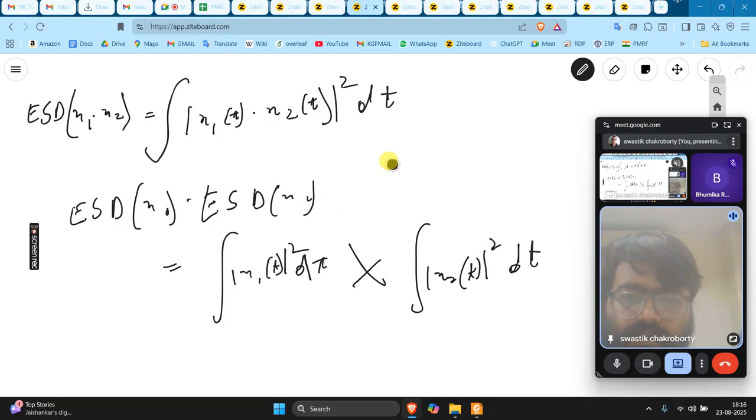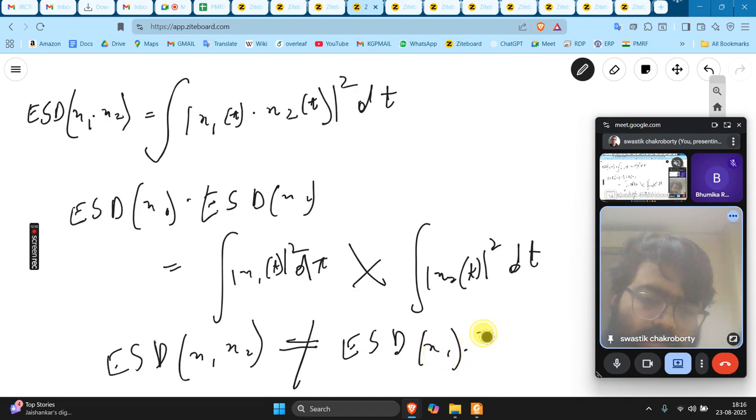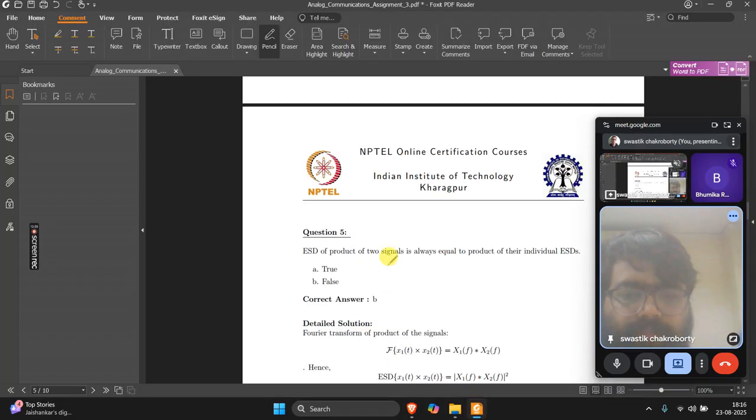You cannot just distribute the integration like that. So these two are clearly not equal. So ESD of x1 x2 is not equal to ESD of x1 times ESD of x2. Okay, so it is false.